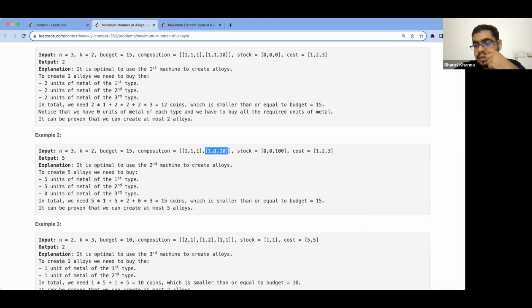What was the updated budget? Not the budget, the budget is the same. I've just changed this to 2. For the first machine, the composition is 211, right? In 211, what happens? Because this is 2, now we would need to spend, and we have 0 of it already. We would need to spend 2 into 1, that is 2, plus 2, that is 4. 4 for each single alloy.